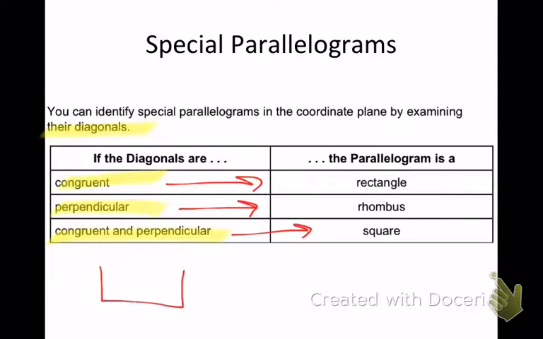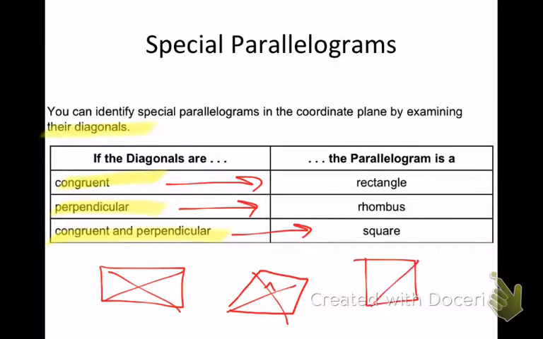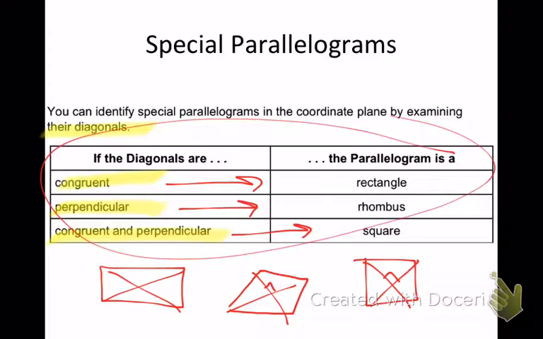So again, in a rectangle, the diagonals are congruent. In a rhombus, the diagonals are 90 degrees. And when I have a square, they are 90 degrees and they are congruent. So recognize these properties. Let's look at the first set of problems when they come up.